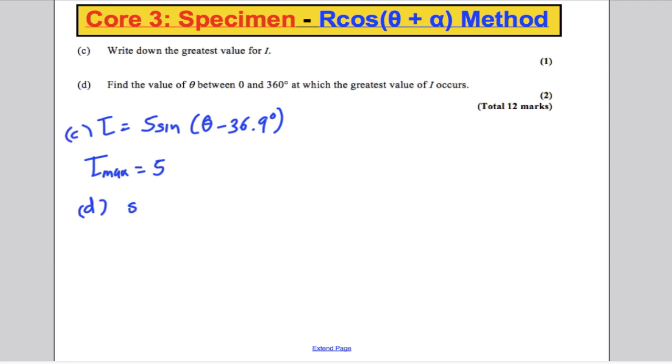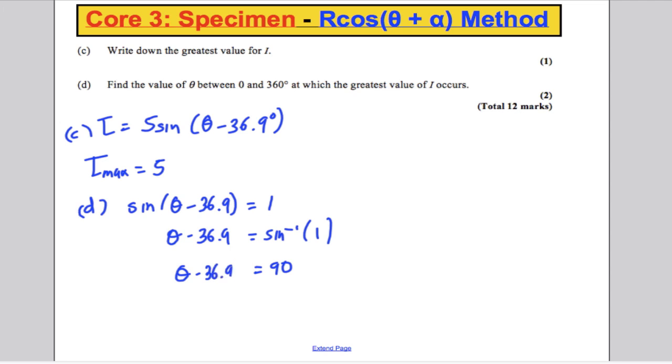Well, that happens when sine of theta minus 36.9 is equal to 1, i.e. when theta minus 36.9 is the inverse sine of 1. Type in your calculator inverse sine of 1, keeping your calculator in degrees mode, you get 90. So theta minus 36.9 is 90.